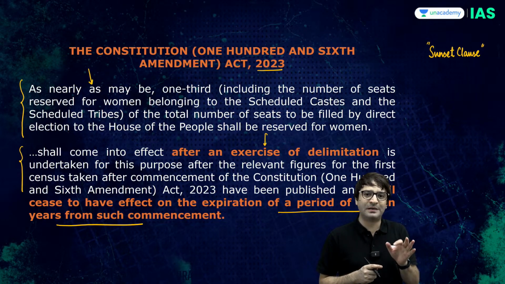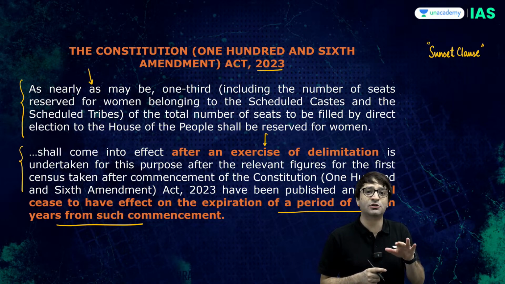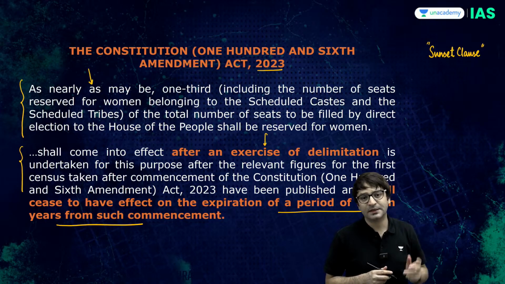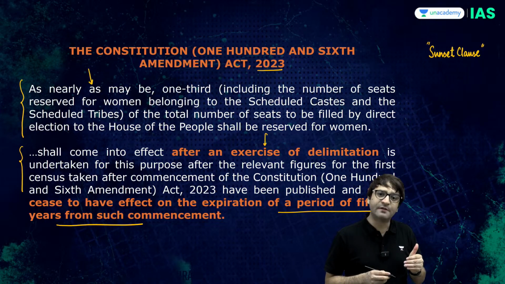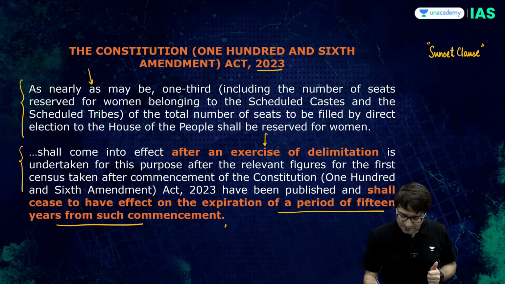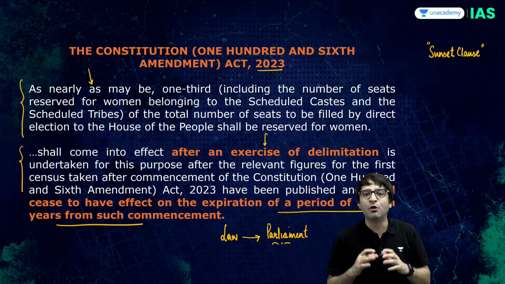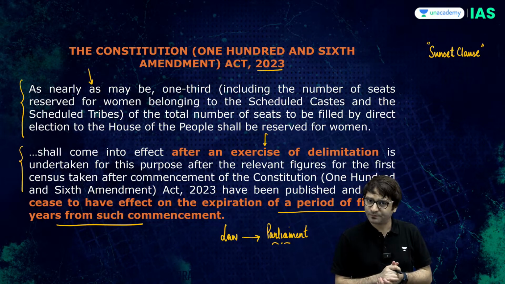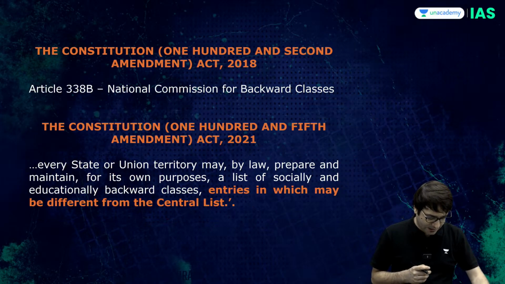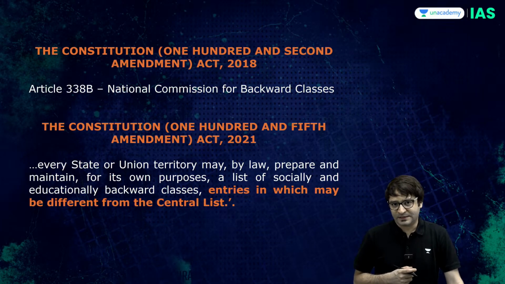But this women's reservation can further be extended if Parliament enacts a law. So if Parliament enacts a law, it can be extended for a period beyond 15 years as well. Is that correct? Let's look at another list.